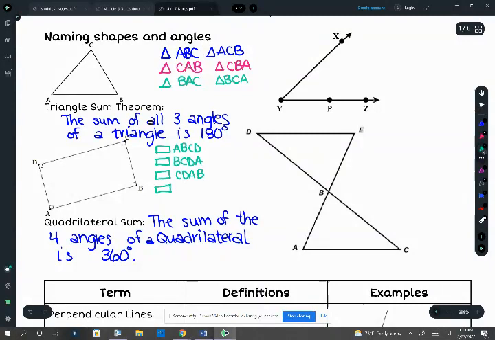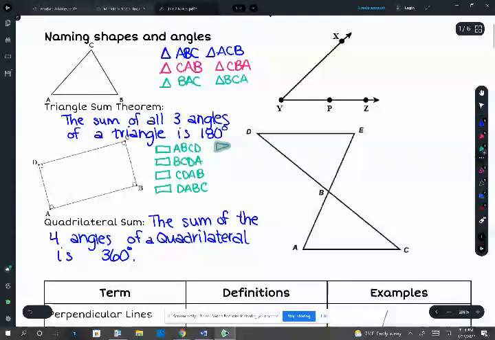They all are talking about the same four-sided shape. I could have gone backwards on all of those too, so I can do ADCB and so forth. So the order doesn't matter. There's lots of different ways for us to name them.